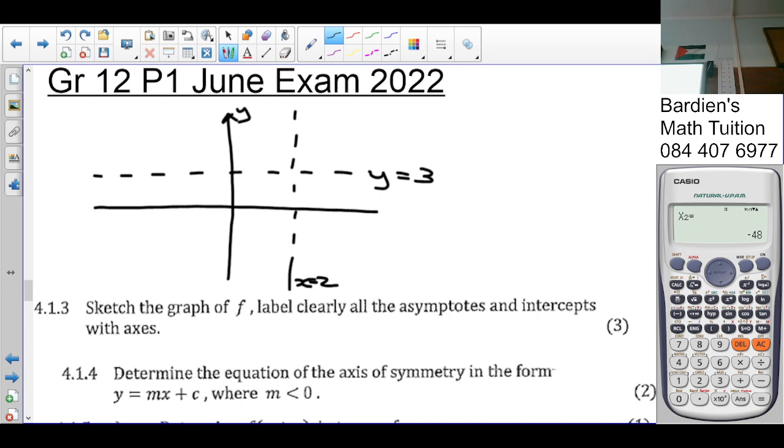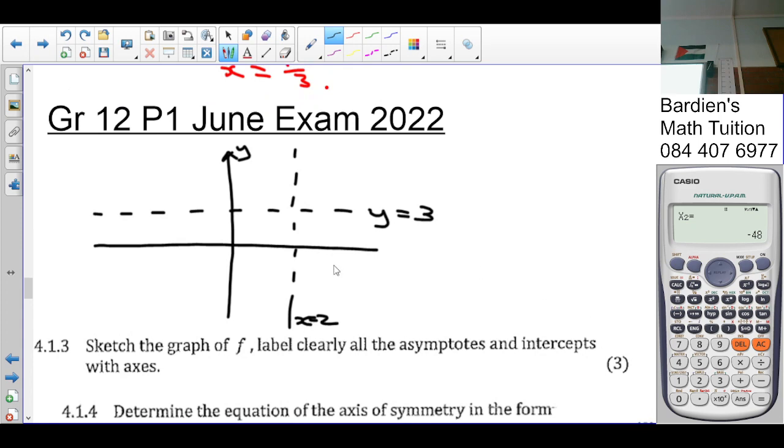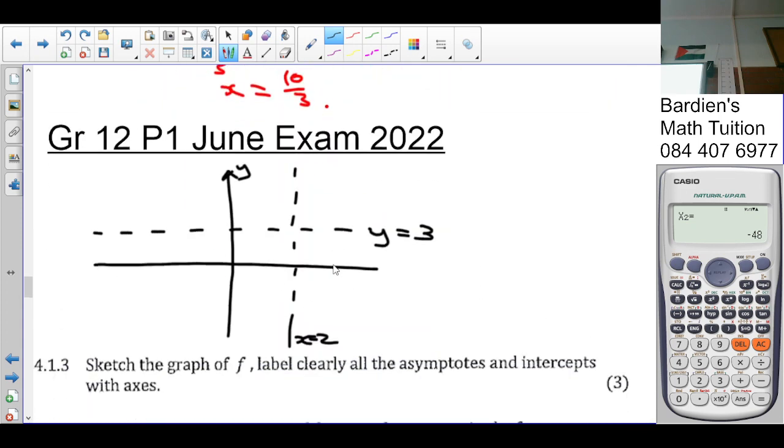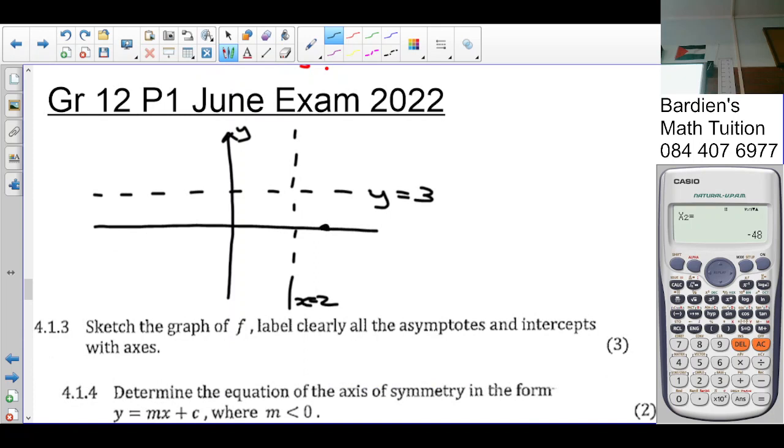Okay, and then it's going to cut your x-axis at 10 over 3, which is 3 and a third, approximately here. And it's going to cut your y-axis at 5. Right. And that gets you 3 marks.